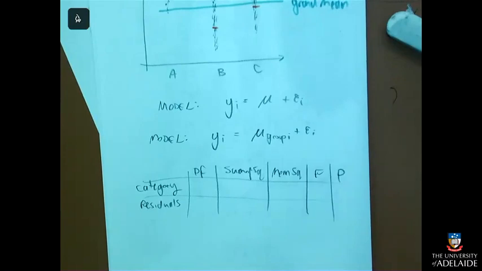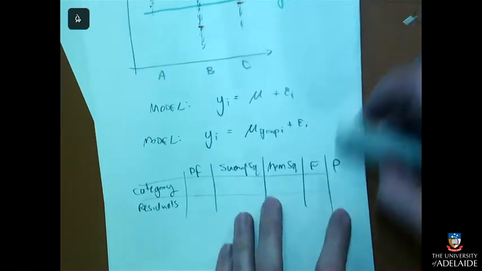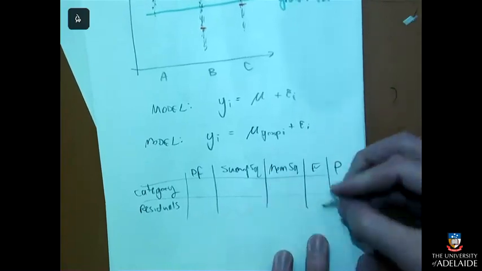That's what the table looks like. Though this last bit doesn't actually have anything at the bottom there. That's what the table will look like when you get a computer to calculate it.